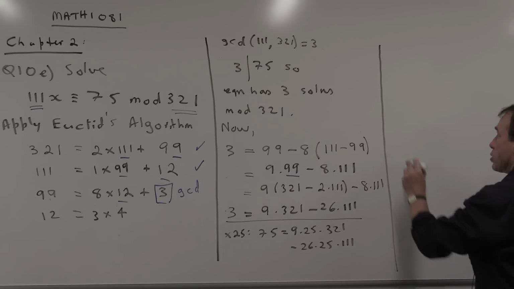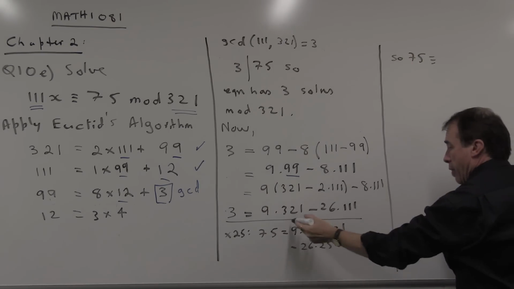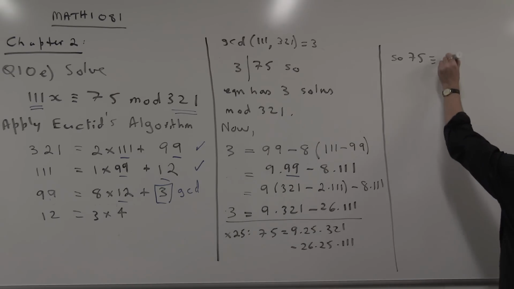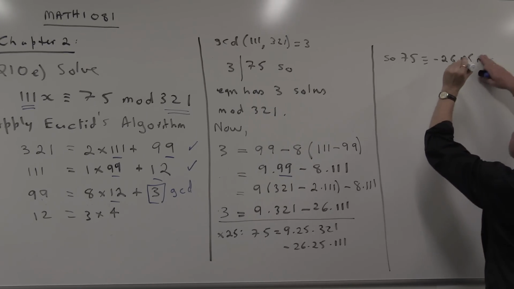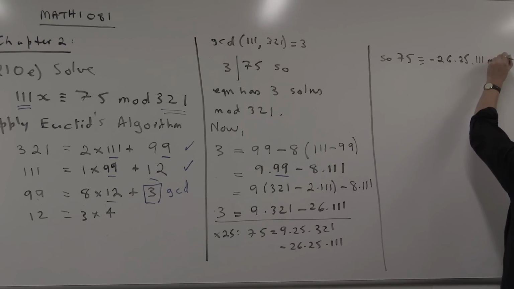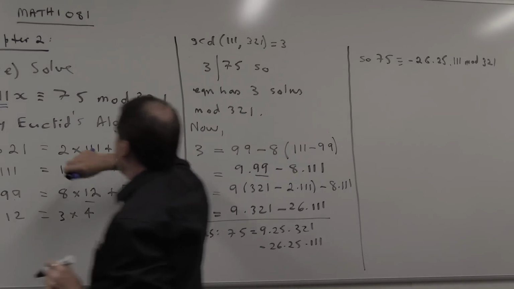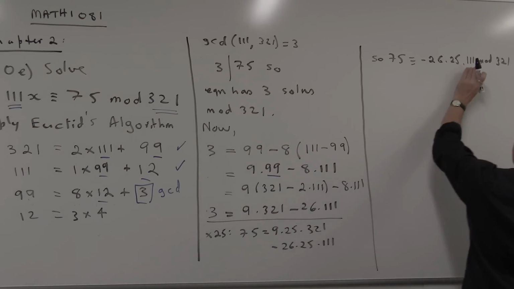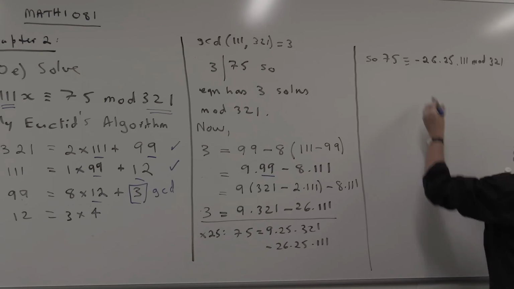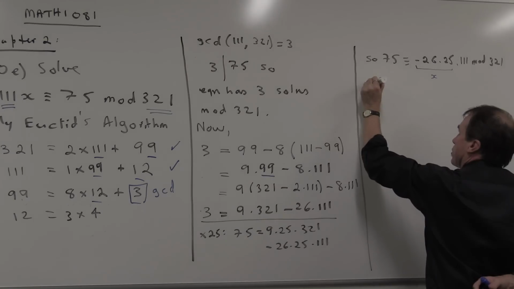If I now read that modulo 321, then that term disappears modulo 321, so I get minus 26 times 25 times 111 mod 321. And now I compare it back with the equation I started with. It says I want 111 times something has to give me 75 mod 321. Well, 111 times this number, so there is my x.